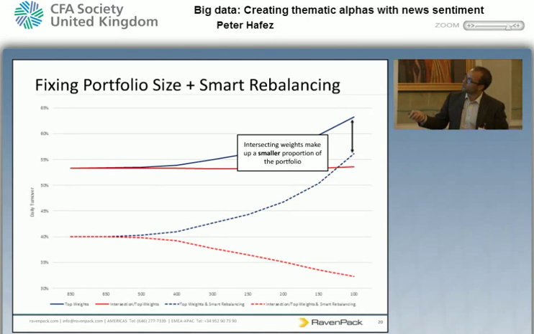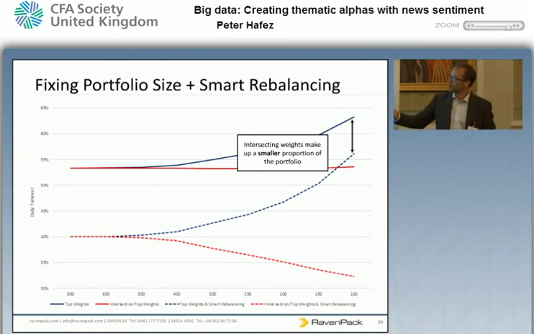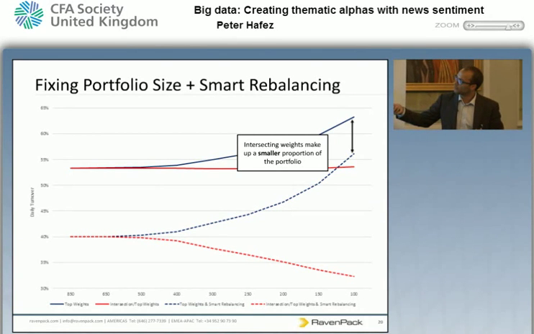We could do that based on the top selection approach or the intersection approach. First of all, just carrying forward the weights from yesterday gives us a huge turnover reduction. So we move from about 53% to about 40%.